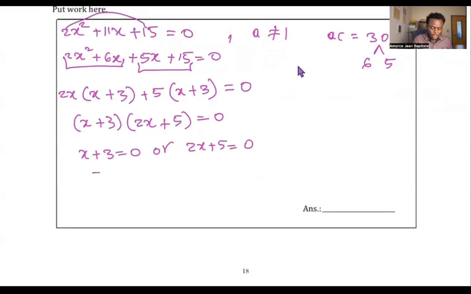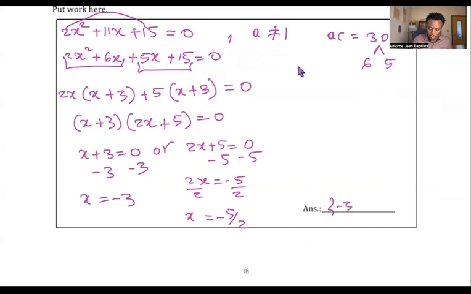Solve them separately: subtract 3 on both sides, x equals negative 3; subtract 5 on both sides, 2x equals negative 5, and divide both sides by 2, x equals negative 5 over 2. Solution set is negative 3 and negative 5 over 2.